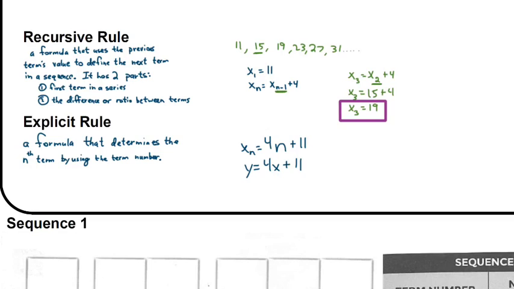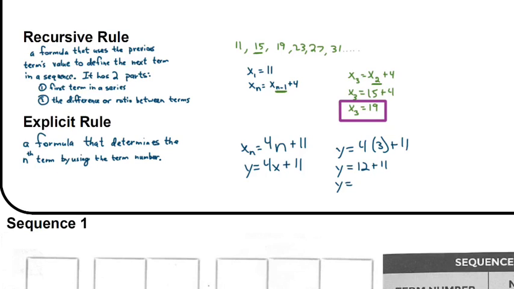And so, if I want to know the third term, instead of using the recursive formula like I did over there, I can literally plug in 3 for x. So y equals 4 times 3 plus 7. 4 times 3 is 12. Oh, I put it up there wrong.